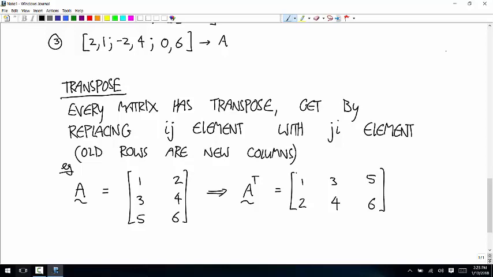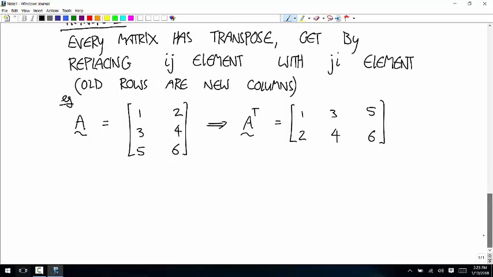So 2, 1 in this case, 1, 2 in that case. Okay, you're always just flipping the indices.